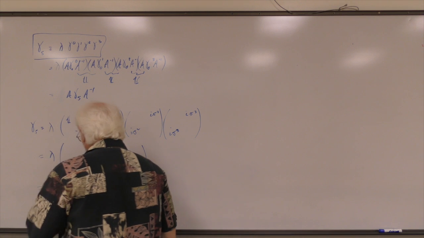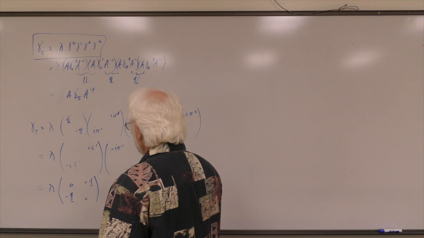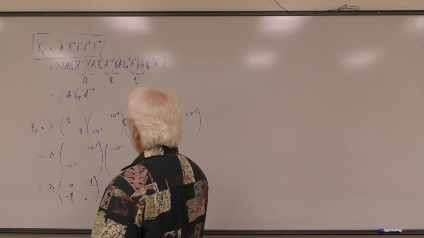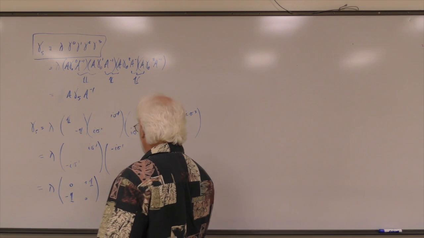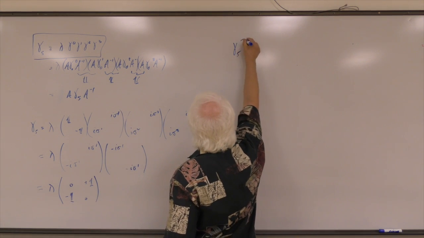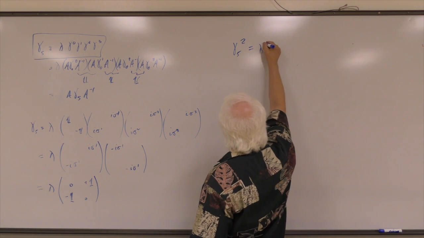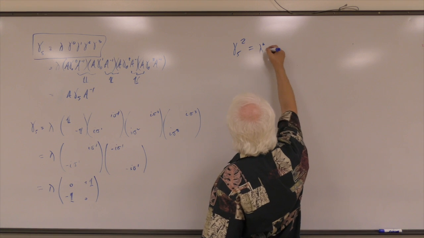Now, the properties we want for this matrix, right? That's a nice matrix. If I square it, notice that I get lambda squared, and then when I square this matrix, I get minus the identity.